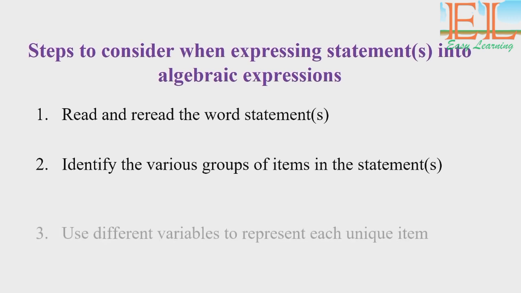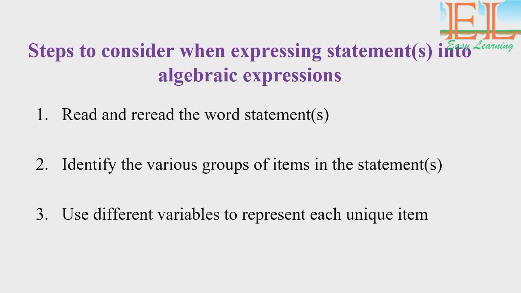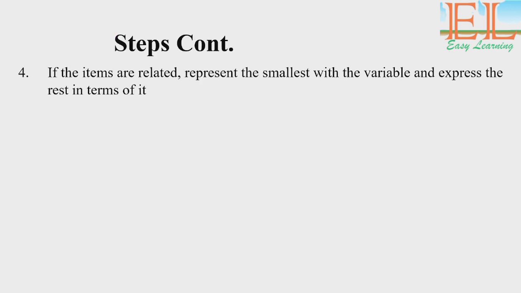And of course, the third one, you use variables or symbols to represent each unique item you have identified in your statements. Then if the items are related, you represent the smallest with the variable and express the others in terms of it.